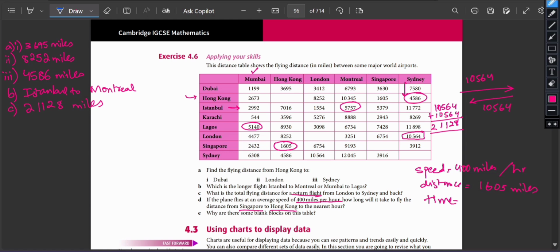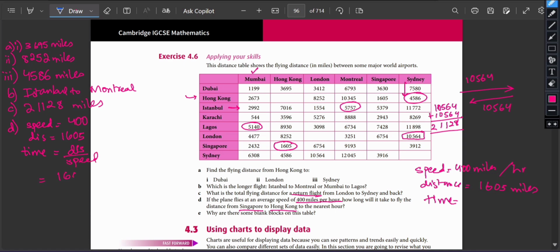Speed is 400 miles per hour. Distance is 1605 miles, and we need to find the time to the nearest hour. We know the formula for time: it's going to be distance over speed.